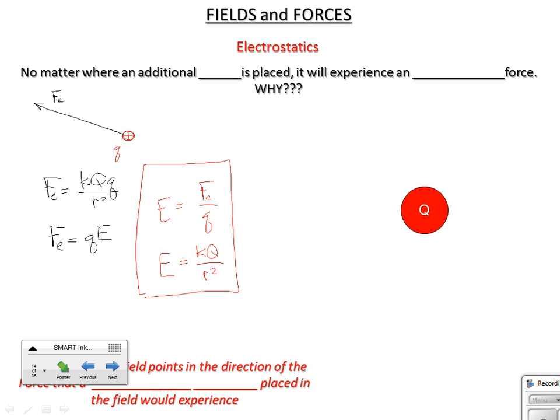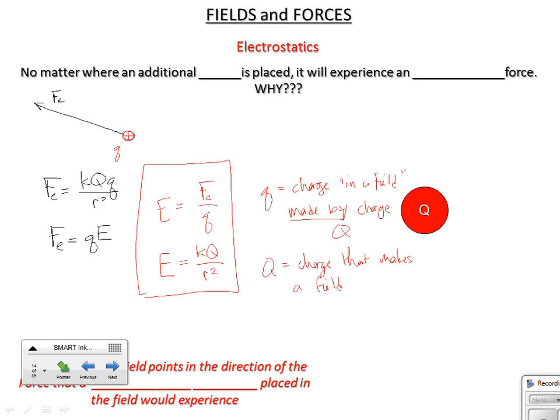What we have to be sure about is that little q is a charge in a field made by charge big Q. So big Q is a charge that makes a field.